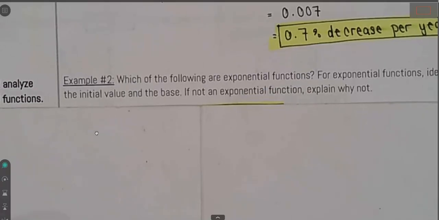If you don't know, you can pass, and the next team can get the bonus point. For number 1, or for letter A, I should say. The initial value on the base. You're looking for A and B. Okay. A would be 1, right? And then B would be 3. Correct. Great job.